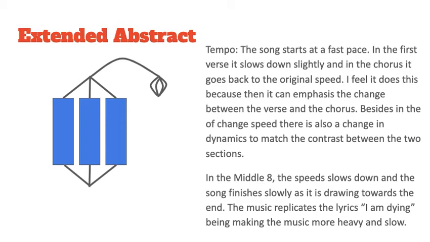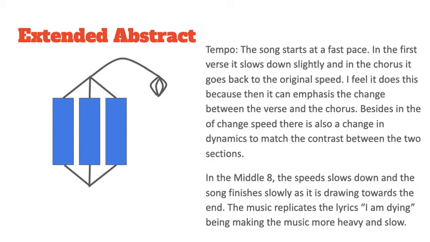I feel it does this because then it can emphasize the change between the verse and the chorus. Besides the change in speed, there is also a change in dynamics to match the contrast between the two sections. In the middle eight, the speed slows down and the song finishes slowly as it draws towards the end. The music replicates the lyrics, I am dying, making the music more heavy and slow.